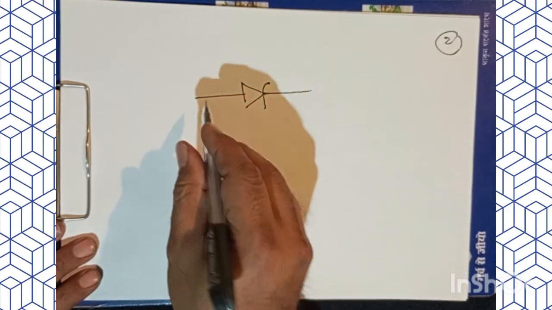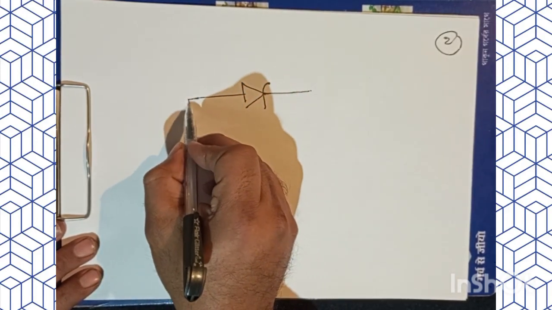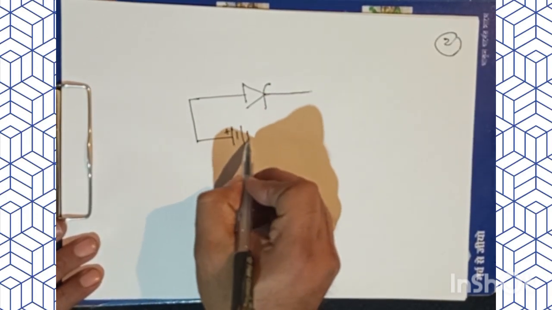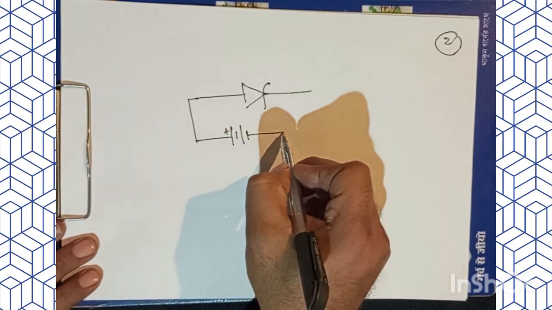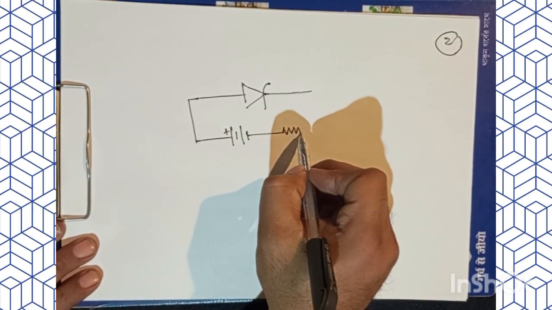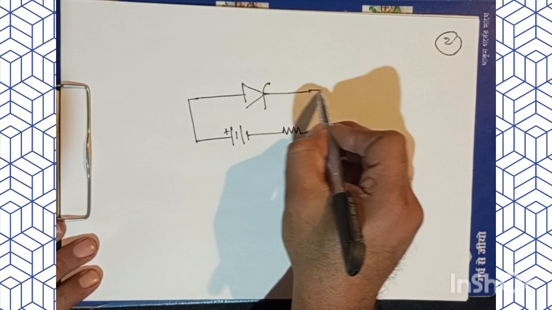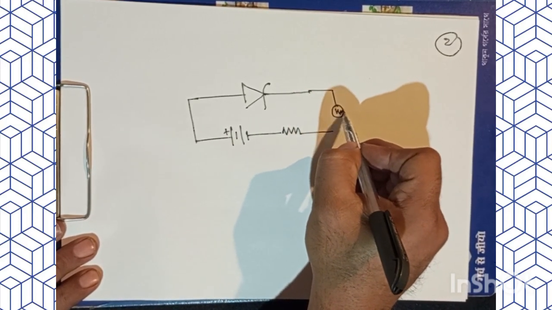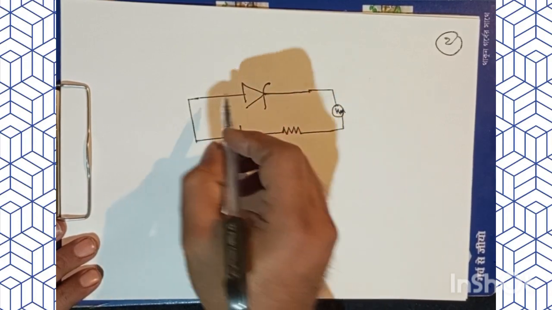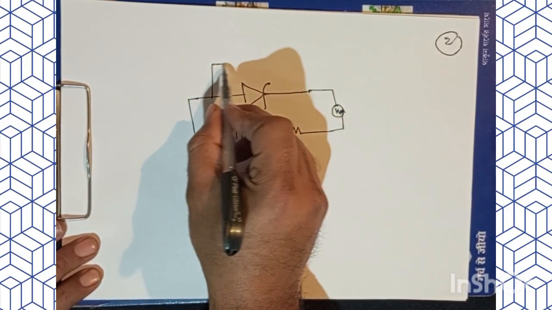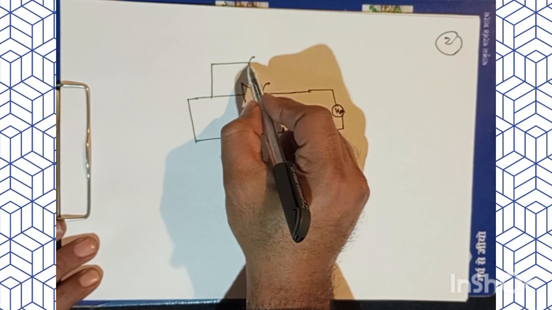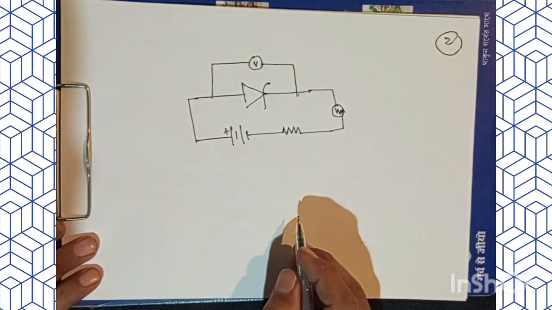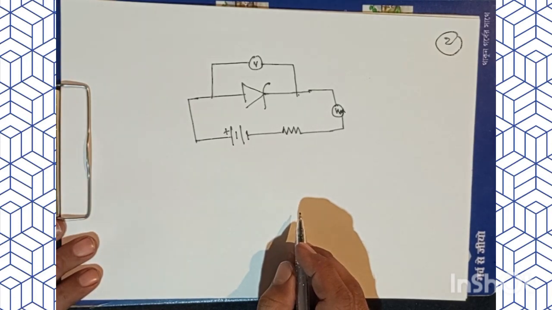So this is my zener diode, and to make it forward biased, this has to be positive. And then let's use some resistance, and then here let's have a milliammeter and connect it like this, and have a voltmeter across this, so that the voltage is measured across this zener diode.